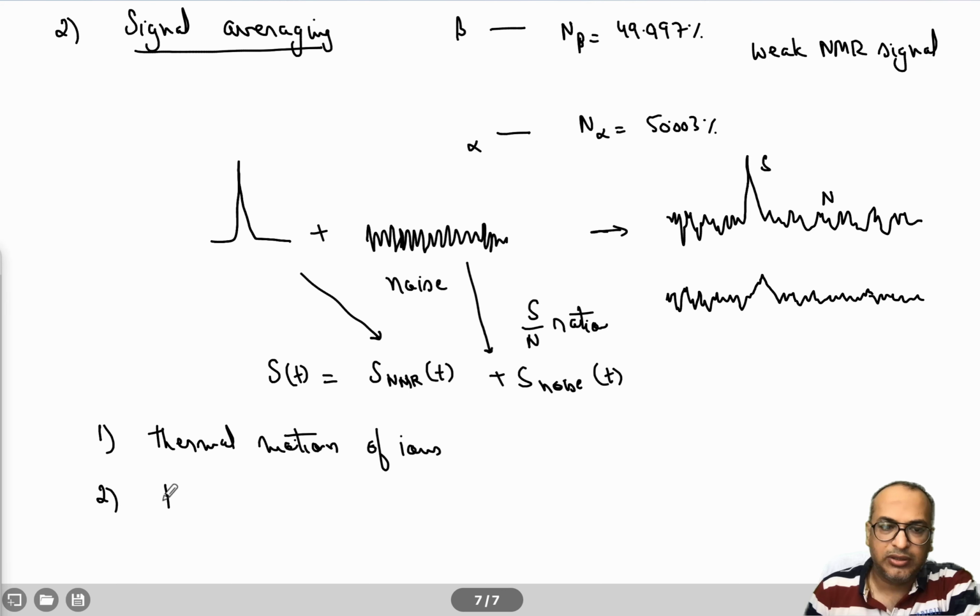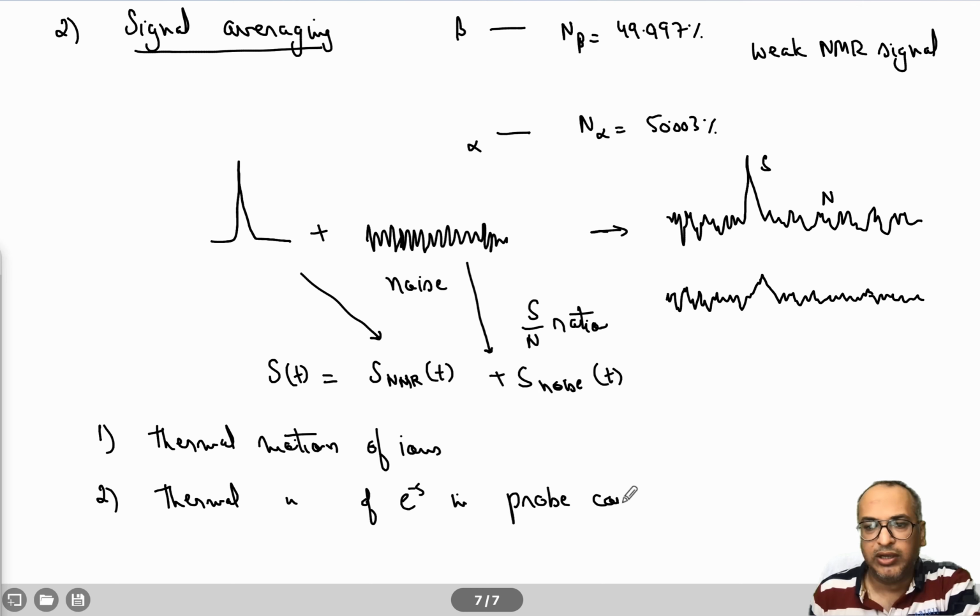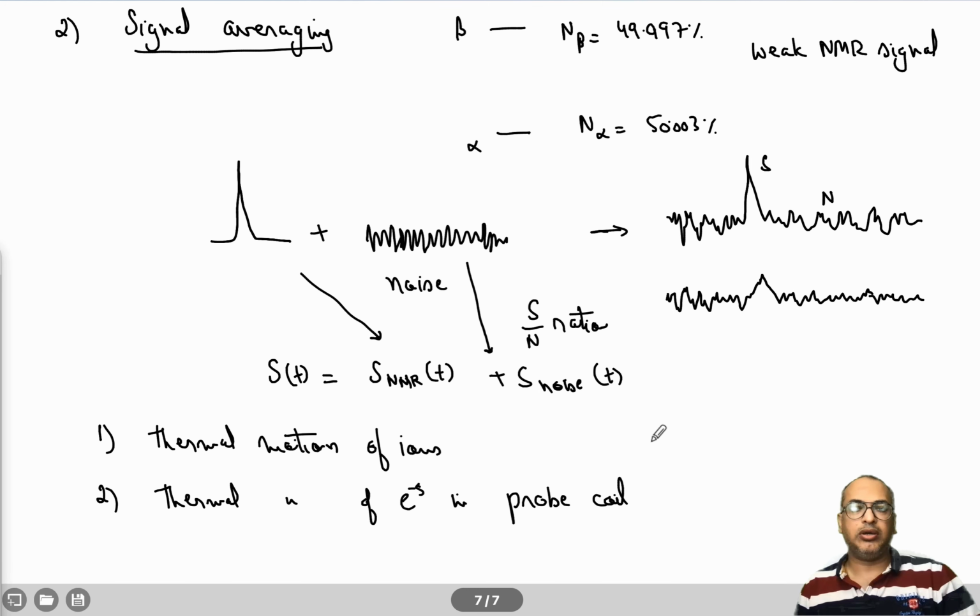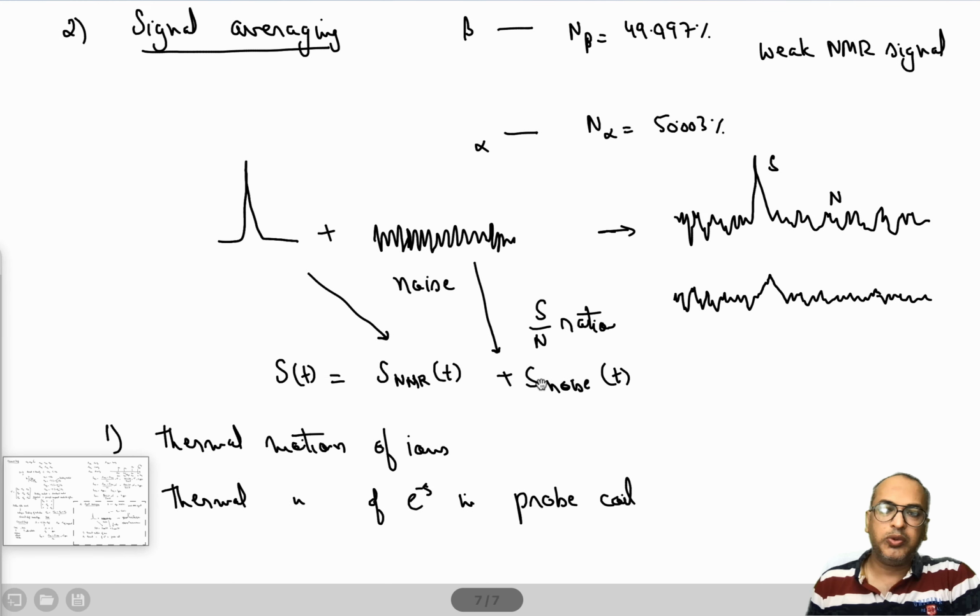The second is the thermal motion of electrons in the probe coil, the receiver coil where the signal is received. The electrons are always moving because of thermal motion, and that motion is random, which gives rise to this random noise, right? So these are the two sources. Now that we know the sources, what can we do to minimize the noise?